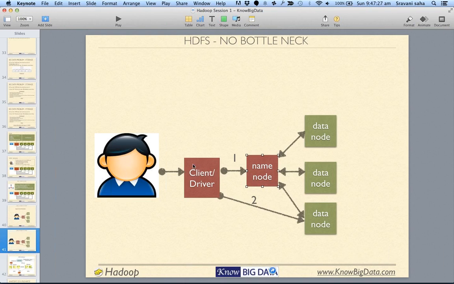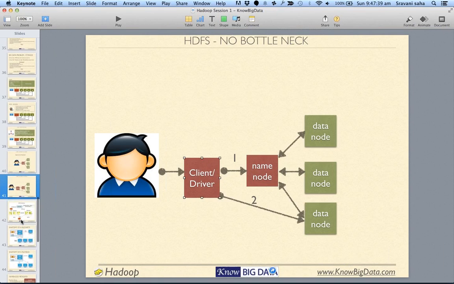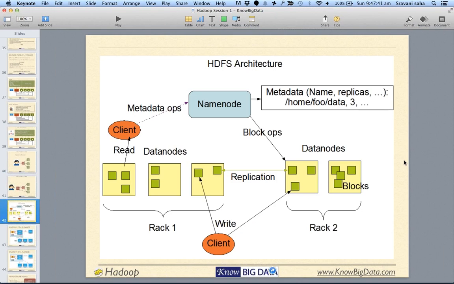Okay. And then the client directly goes to the data node and reads the data. So if you have a 1 GB movie, and similarly for writes, let me show you the next diagram. This is a little uglier diagram, as you can see. Yes, Shyam, I'm coming to your point.